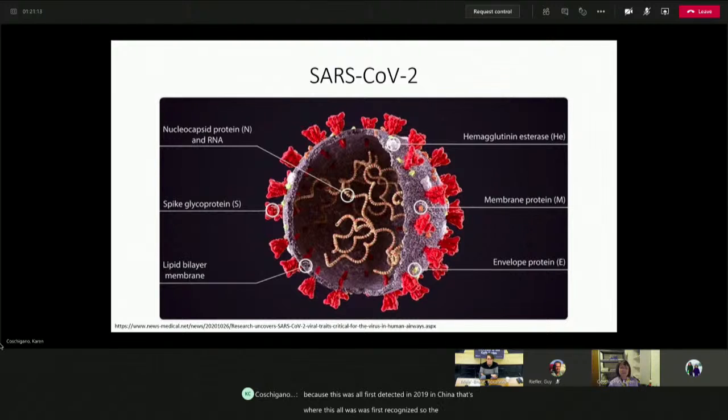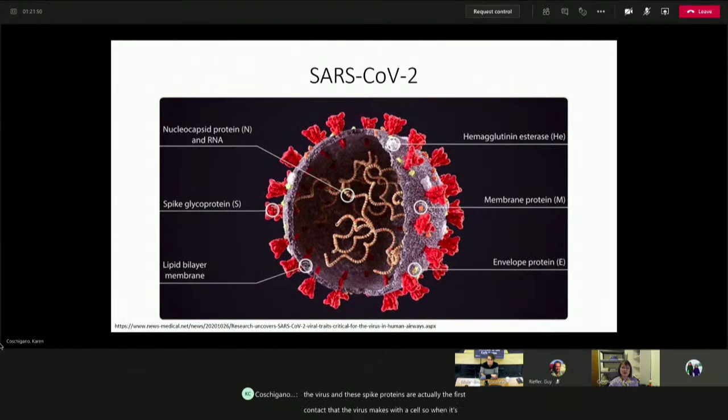This is a stylized picture, but I wanted to show it to you so that you could have an idea, because you may have heard of some of the things that the assays are monitoring. For instance, you might have heard of the spike protein. The spike proteins are these big red projections coming out of the virus. These spike proteins are actually the first contact that the virus makes with a cell.